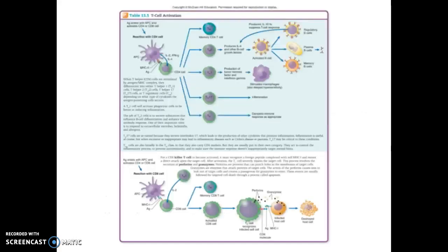All right, so here is table 13.5, looking at T cell activation. And you can simply look at this picture on the computer screen. If you can blow this up a little bit. All right, you have the dendritic cell there.